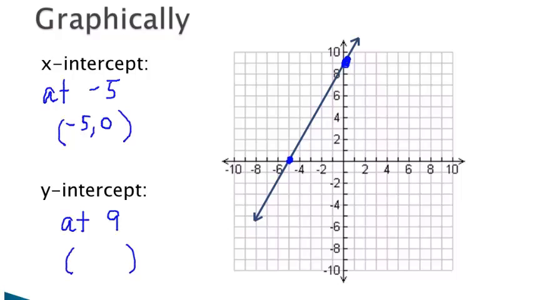So this time, the ordered pair would be 0 first, then 9. Again, as we move from the origin, we don't move left and right any spaces, so the first number would be 0, and then the second number, since we moved up 9 spaces, would be +9. So we have an x-intercept of -5, 0, and a y-intercept of 0, 9.